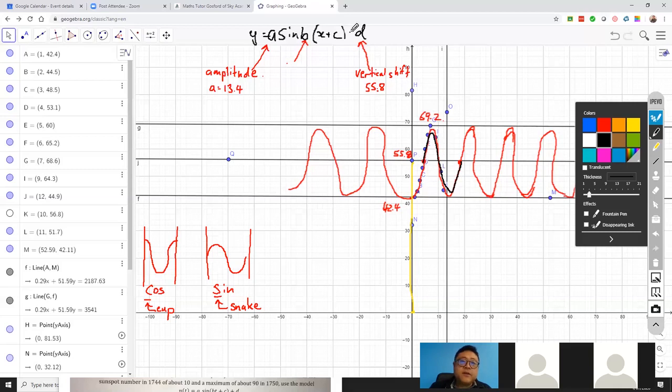You see that? So the vertical shift, sorry, not the vertical, the horizontal shift is this much. Does that make sense? Okay. So how much is that? How many months would that be?